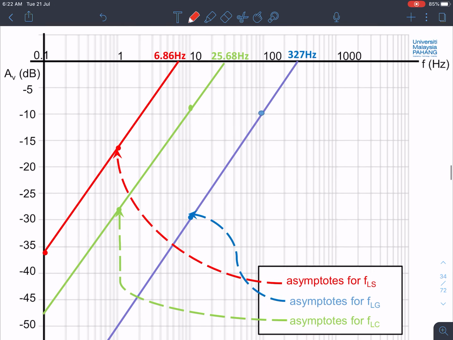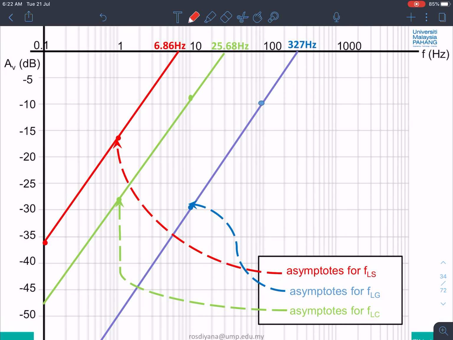We draw the gain in dB versus the frequency in log scale. So remember here, this is in log scale, and here AV is in decibel.